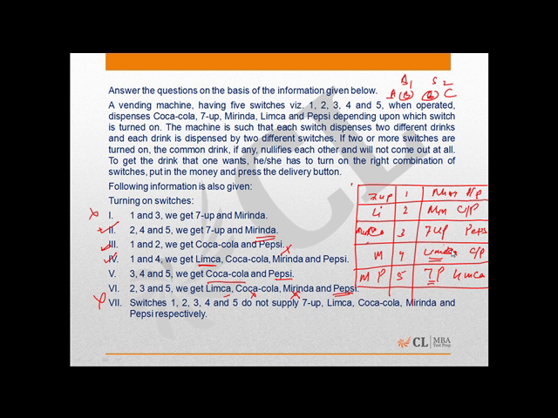And from there it can be concluded that, coming to 4 again, the other cold drink that is dispensed by 4 is Coke.